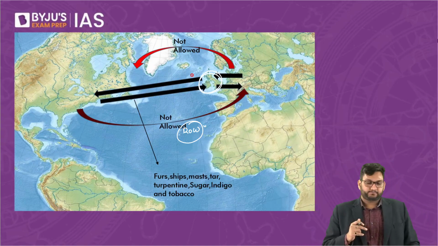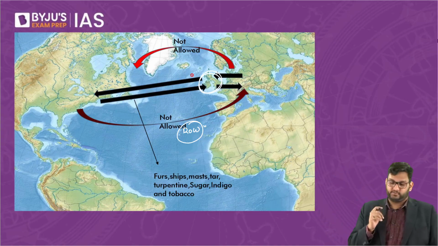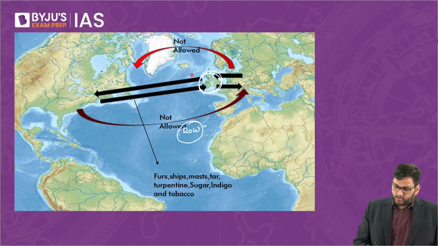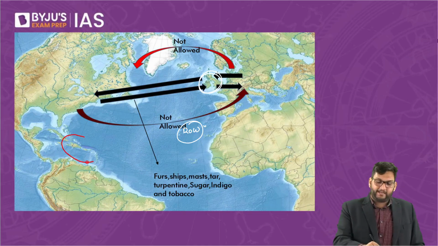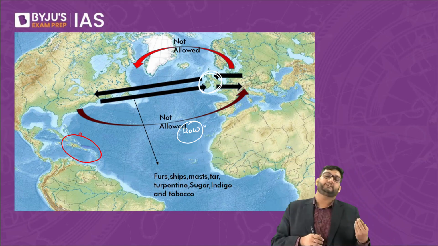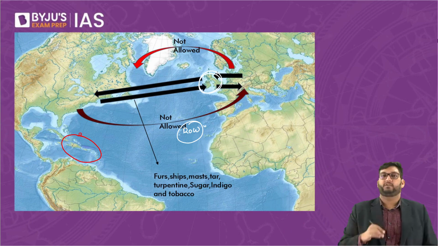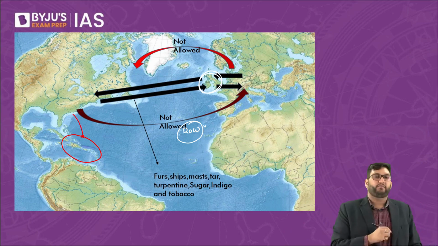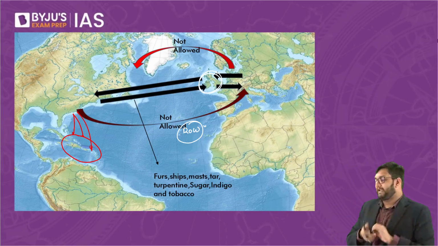Now, what the Americans used to do in order to bypass this system was that they used to rather trade with the Caribbean colonies. If I have to give certain things to the French, I would not go to France to give it, rather hand it over to the French colonies and the Spanish colonies and the Portuguese colonies in the Caribbean islands itself.